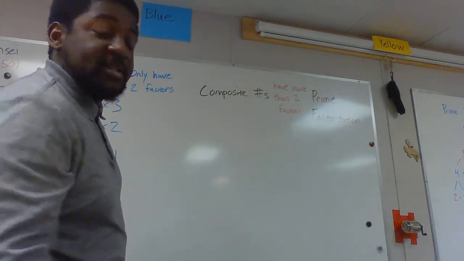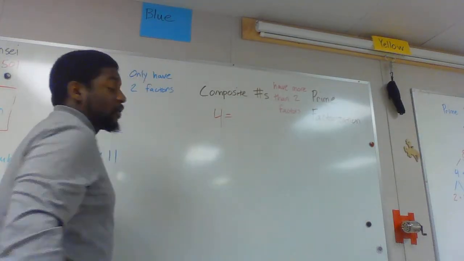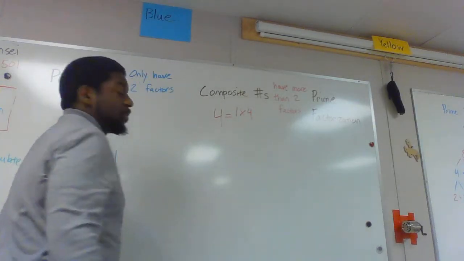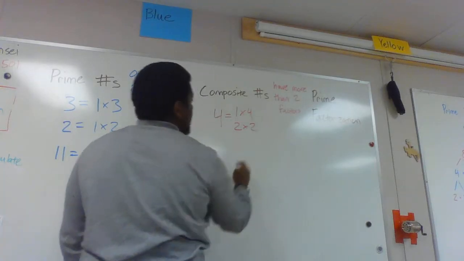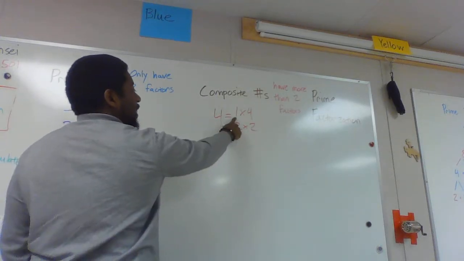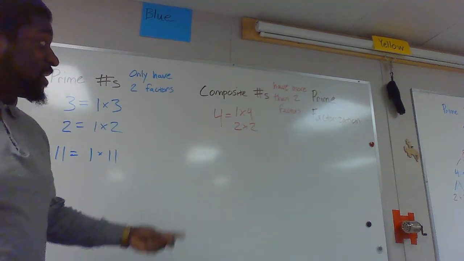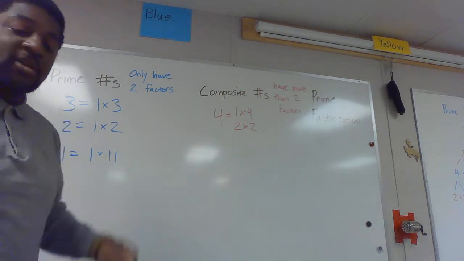Let's start with some smaller ones, though, like 4. Ways to make 4: yeah, you could still do 1 times 4, but you could also say 2 times 2. So 2, 1, and 4 are factors of 4, which means it has 3 factors. That's why it's composite.